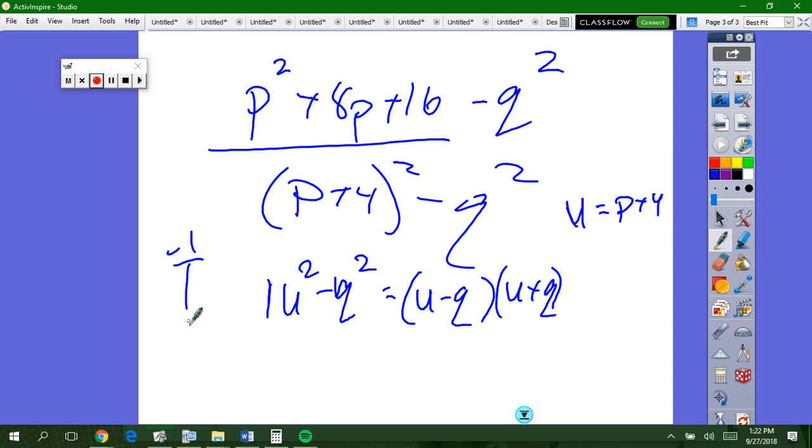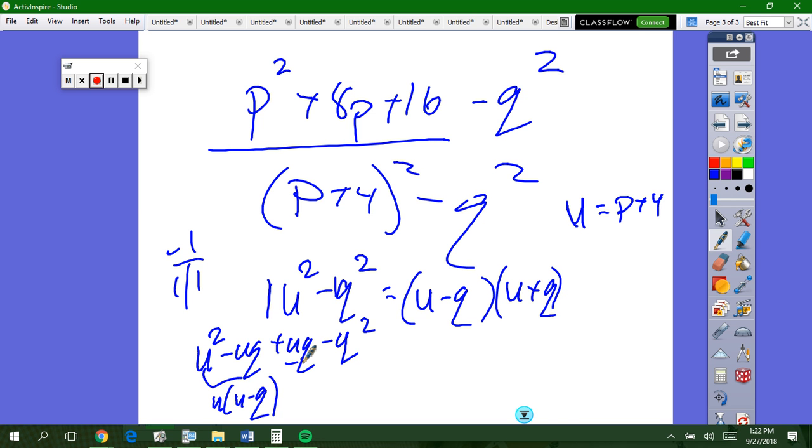Factors in -1 that give me 0 are 1 and 1, right? So I have U squared minus UQ plus UQ minus Q squared. What do those guys have in common? U, so I'm left with U minus Q. What do those guys have in common? U, so I'm left with U minus Q, and then notice those together.